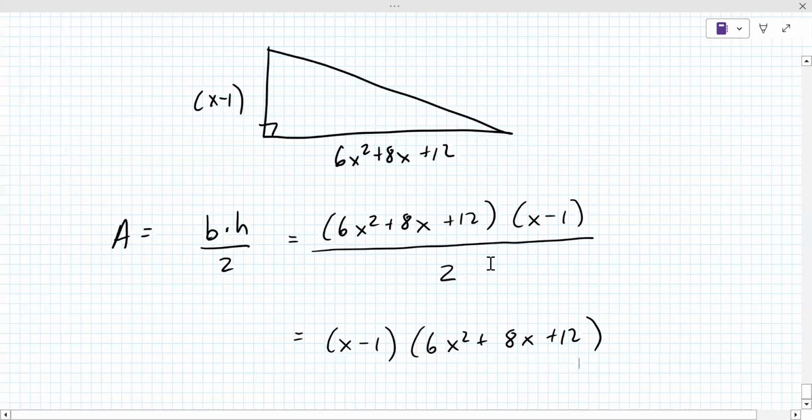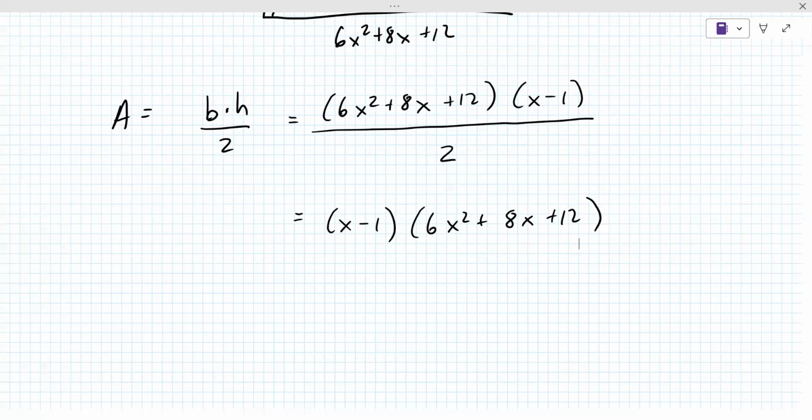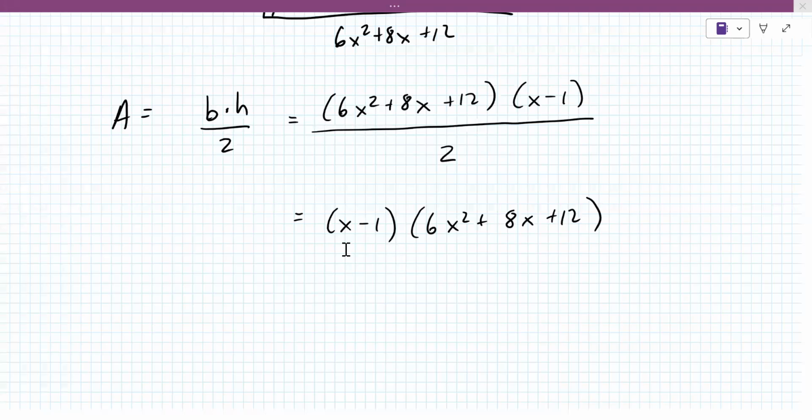Will you multiply that out for us, please? Am I just multiplying by the x and then the -1? Yes, exactly. Just like we did in the last problem, you'll combine a couple of terms.